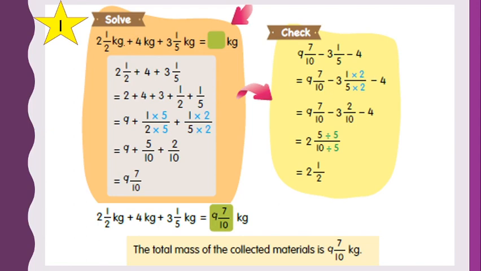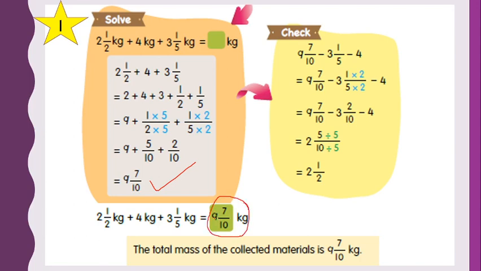So the operation involved here is addition. So you solve it like you solved the previous addition of fraction. Then you will get the answer 9/7/10 kilogram. Okay, so this is the answer.